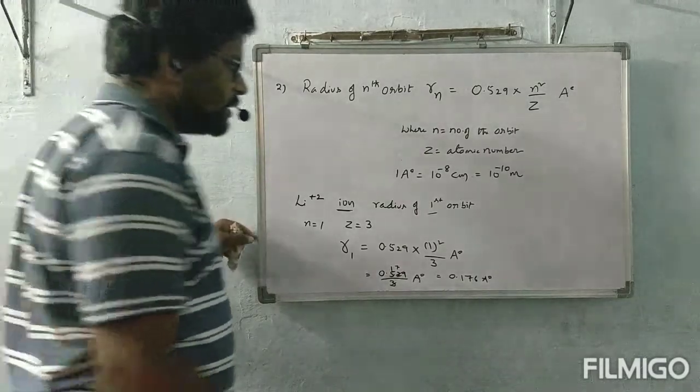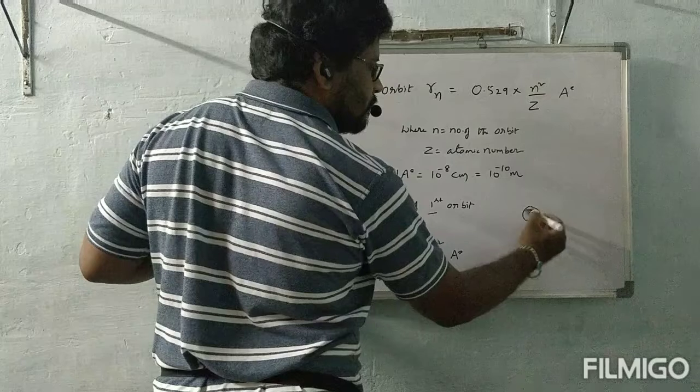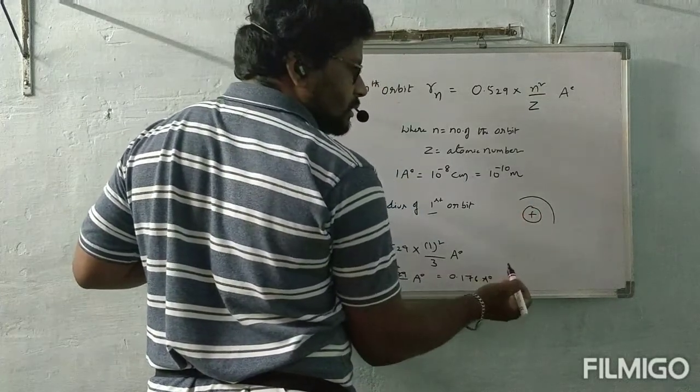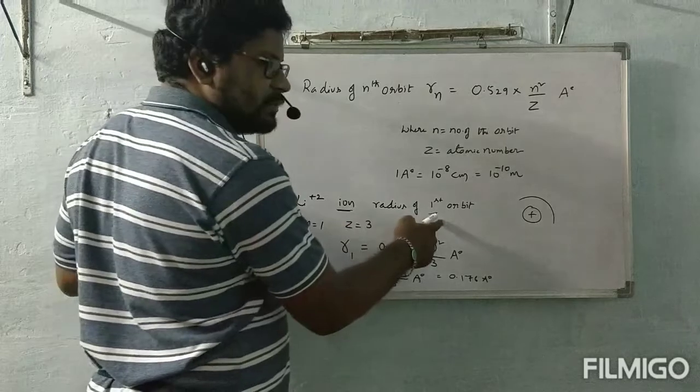So in the Li plus 2 ion, this is the positive charge nucleus and this is the first orbit. This is the radius of the first orbit only.